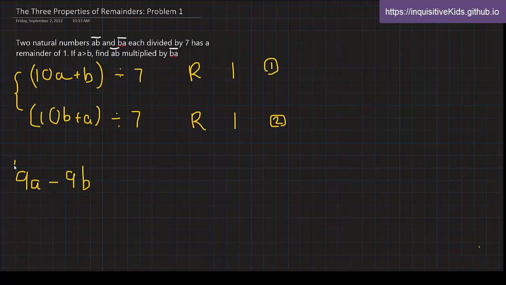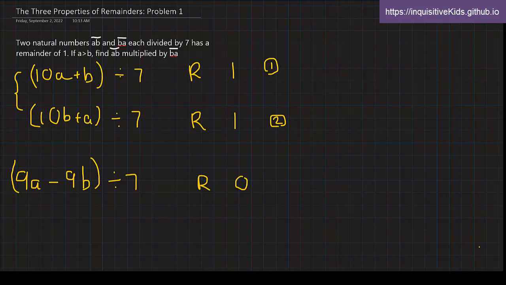So this new number here, divided by 7, should have a remainder of the previous two subtracted. So 1 minus 1 is 0. And we get this from the first property that we learned, which is the remainder of a sum is equal to the sum of the remainders. We subtracted, the difference of remainders is equal to the remainder of the difference. We subtracted the remainders and the dividends.